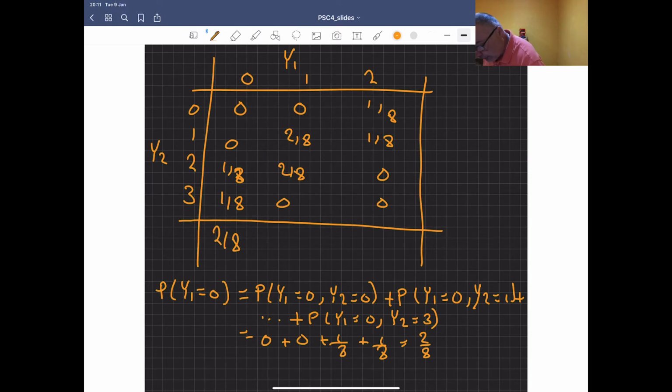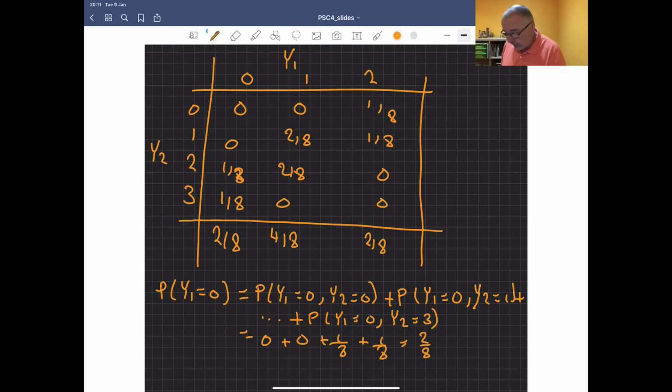The same if you did the calculation for the next one: we would just add down this column, and this would give us the probability y1 equals 1 is 4/8, and finally the probability that y1 equals 2 is 2/8. The nice thing is this is still a valid probability mass function. Notice these values add to 1, and they all lie between 0 and 1.